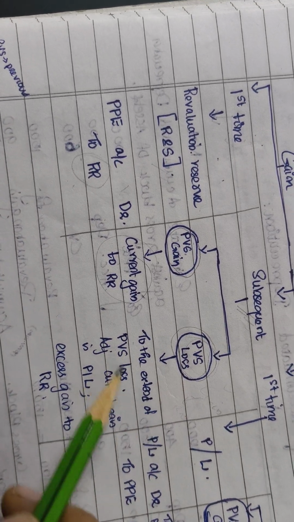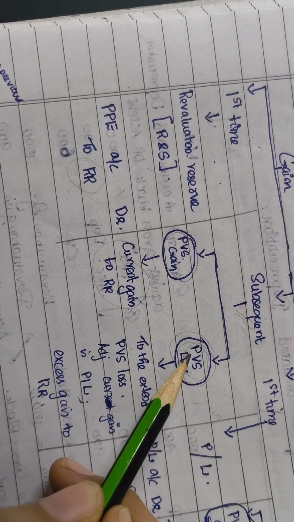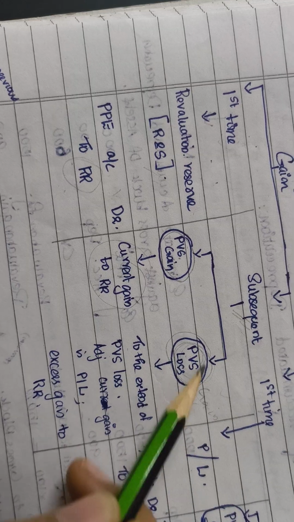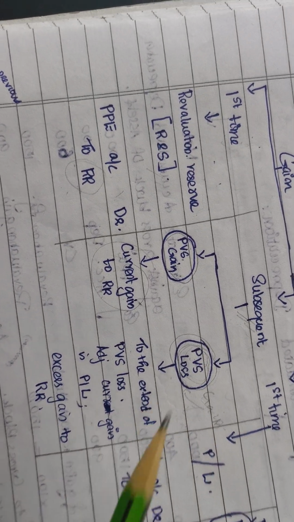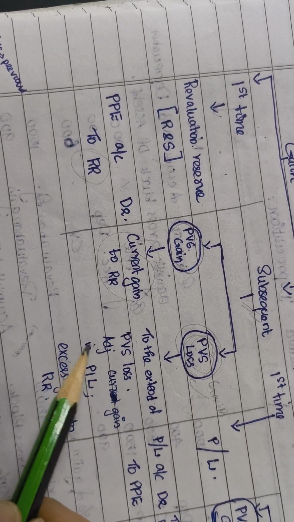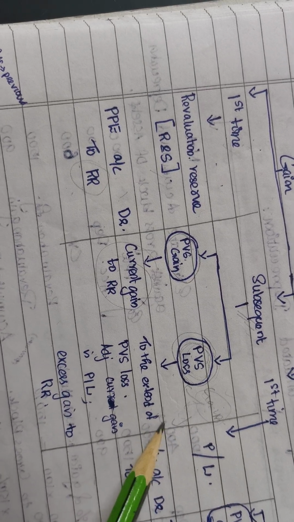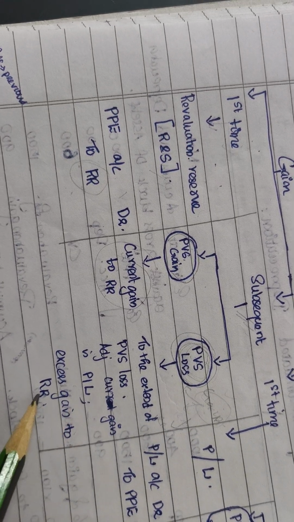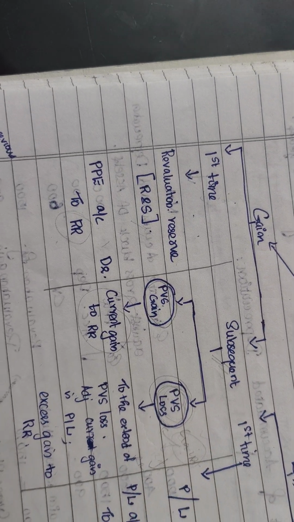To the extent of the previous year loss, we will adjust the current year gain. And if there is any remaining gain, we will provide it to revaluation reserve. Excess gain is credited to revaluation reserve. So this is about revaluation gain.